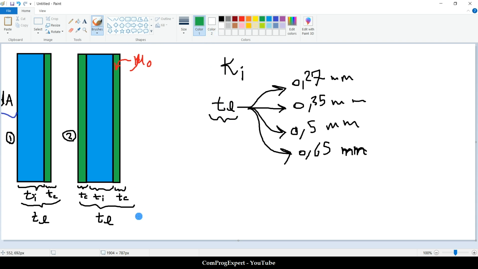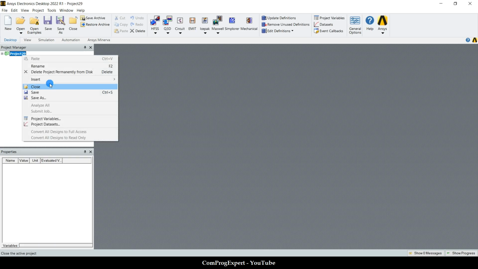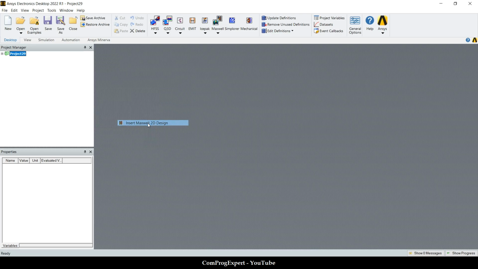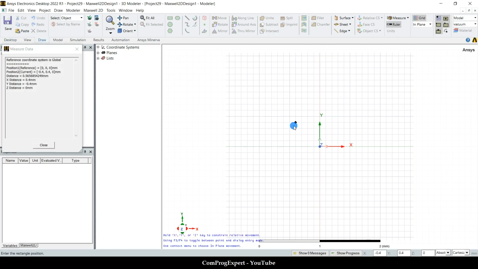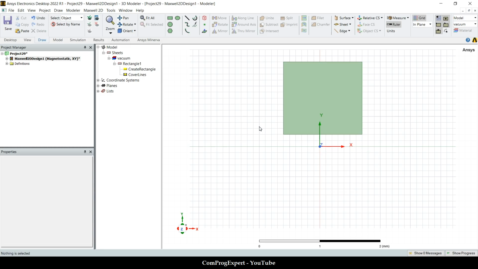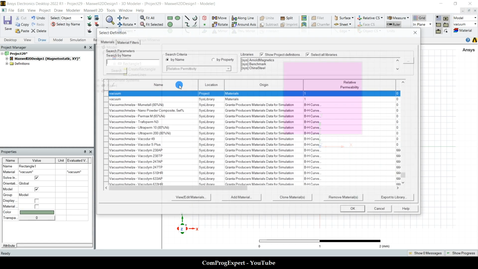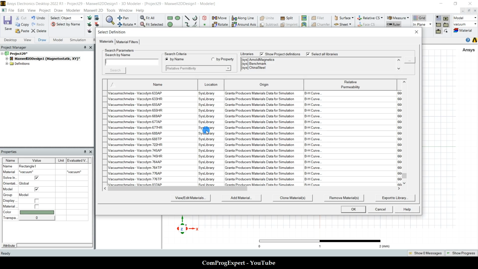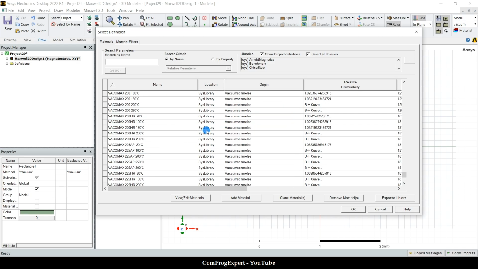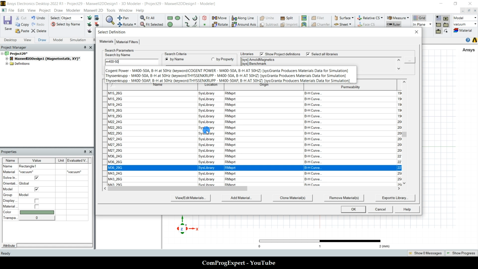Let's check one material in ANSYS Maxwell. For example, here, I just want to show you one material from the library. In ANSYS Maxwell, we have materials available produced by different manufacturers. For example, let's consider this M450A.